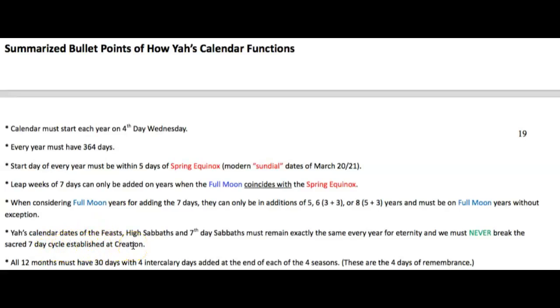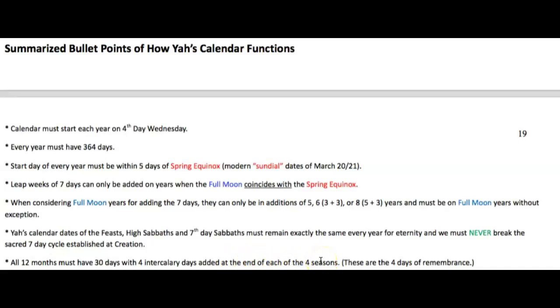What that means is that our Sabbath is always going to be on the 7th day, from Friday evening to Saturday evening. This is never going to change. Yahuwah does not change. And even though they've given Roman Gregorian names for these dates, it's still the 7th day of rest. Then it says here, all 12 months must have 30 days for a total of 360, with 4 intercalary days added at the end of each of the 4 seasons.